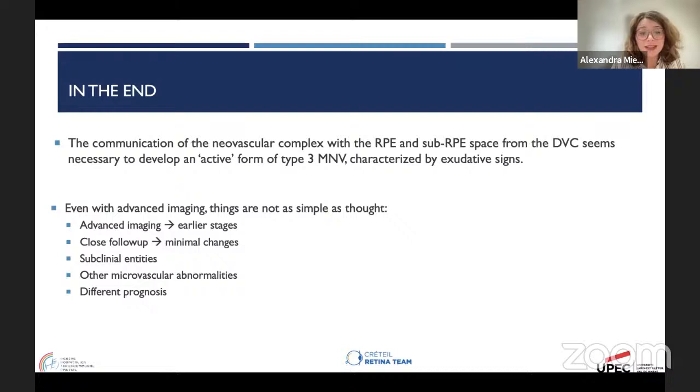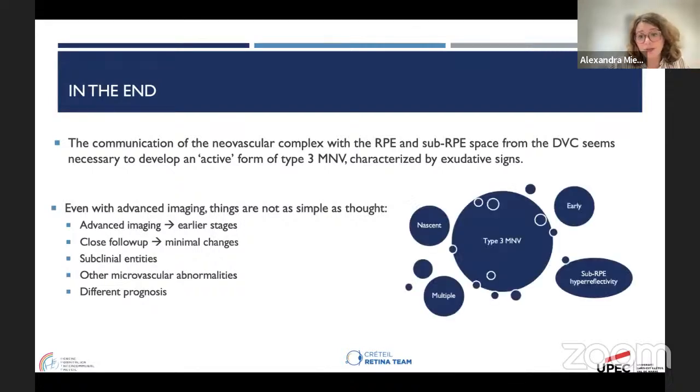We will detect subclinical entities such as nascent type 3, for instance, other microvascular abnormalities such as DRAMA or PVAC or non-exudative PVAC, and all these lesions have a different prognosis.